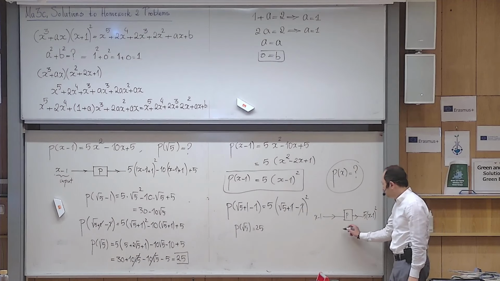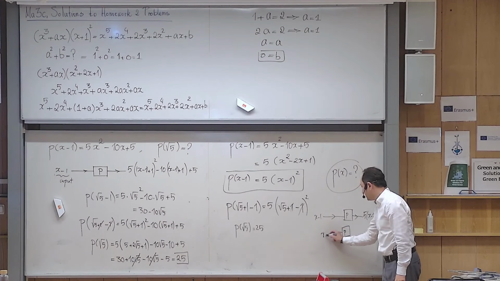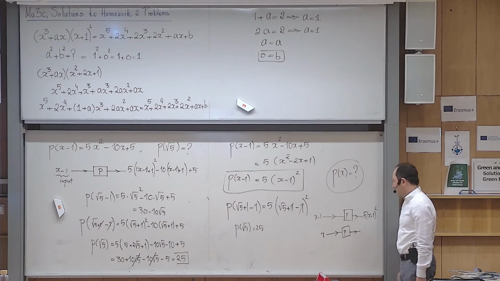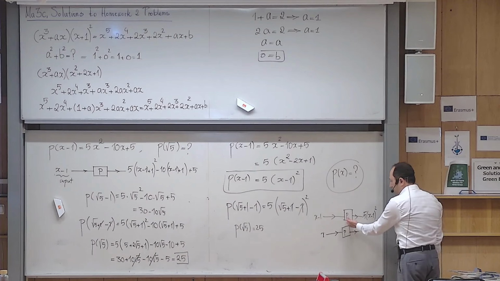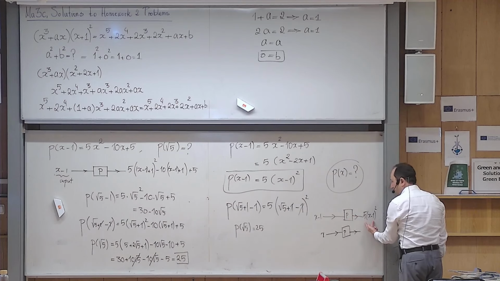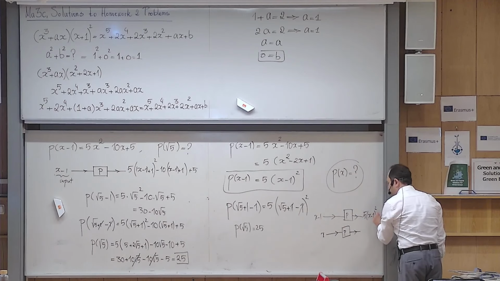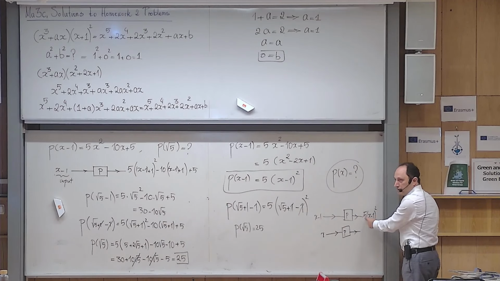Now, can you tell me what happens if I send x in? This p is the same machine, the same operator. If you send x minus 1 in, it takes the input you sent in and squares it, multiplies it by 5.